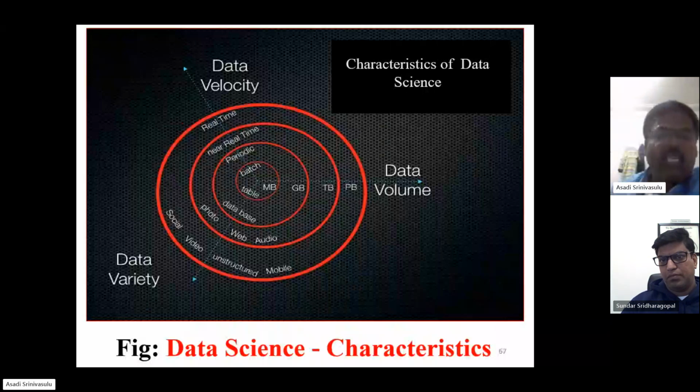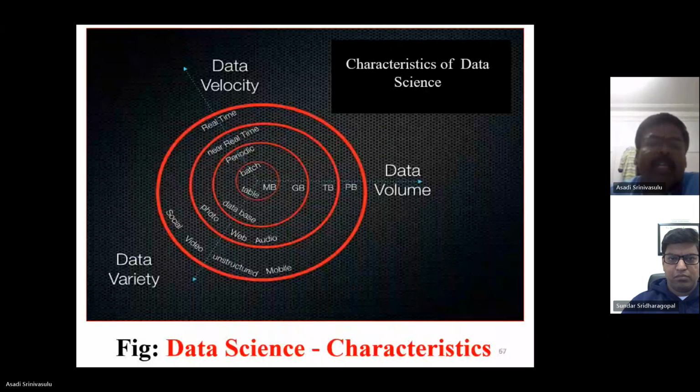Volume says the size of the data, and then data variety says the different kinds of data we are handling in our mobile itself: audio, video, text, graphics, animation, structured data, unstructured data, semi-structured data, etc. That is called data variety. Then data velocity means the speed and motion of the data, uploading the data, downloading the data.